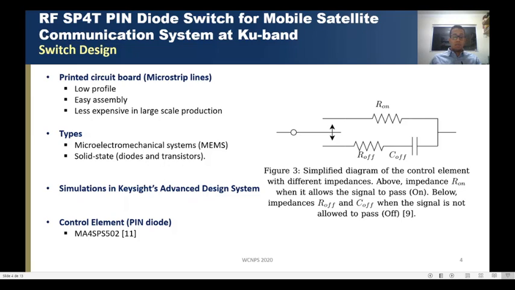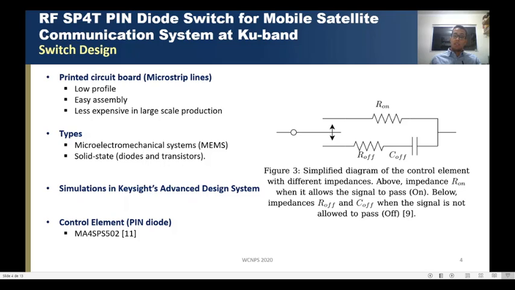So the diode chosen was the MA4SPS502 from MACOM, and at this right side we have a simplified scheme of the control element, which when it's up, the key is up, it represents the on state. When it is directly biased, and when it's off, it represents the off state, which is reversely biased.